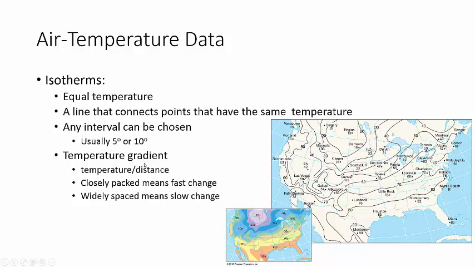Now here's the fancy word, temperature gradient. Right? And here's your fancy math thing, temperature divided by distance. Okay? What this means is there a really big change in temperature or a really small change in temperature, right?